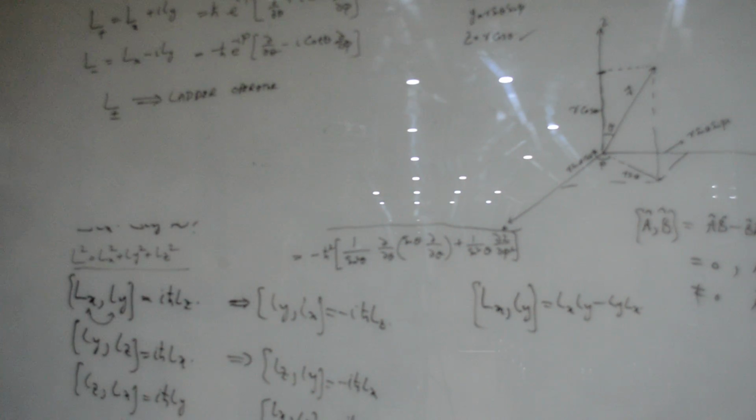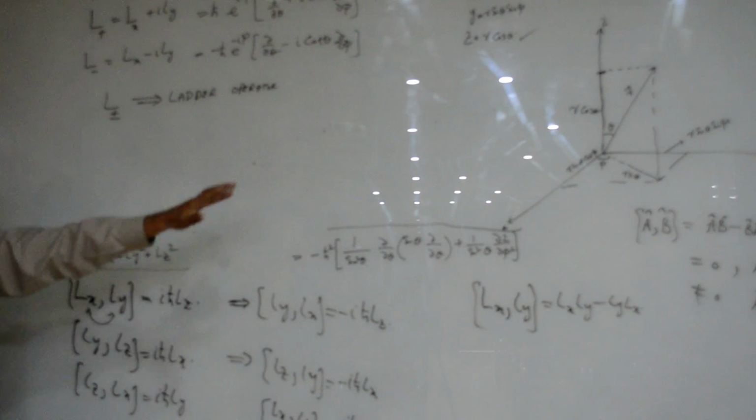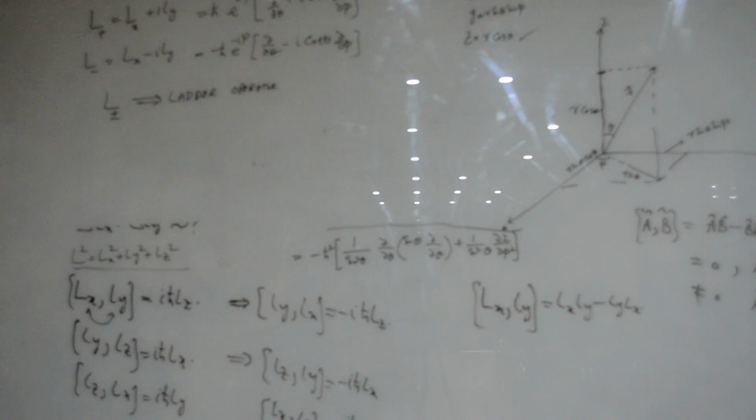Ladder means stairs, okay, ladder. Step up and step down mean that it steps up something and steps down something. What it steps up and what it steps down, we are going to see in a moment. I have just written that these are two operators.